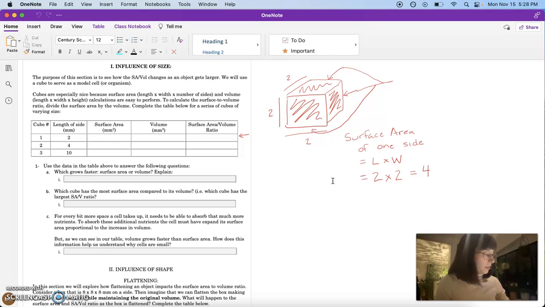The surface area of one side is 4, but there are 6 sides.